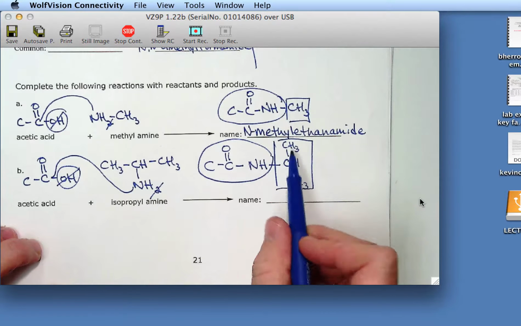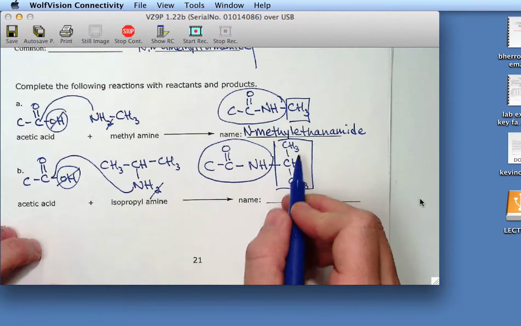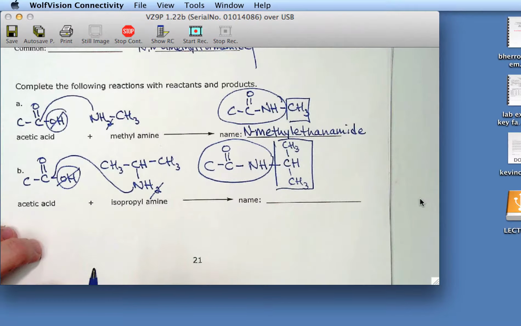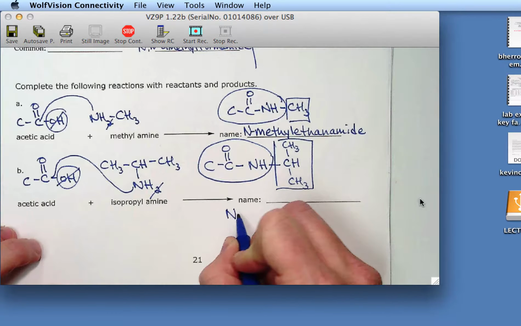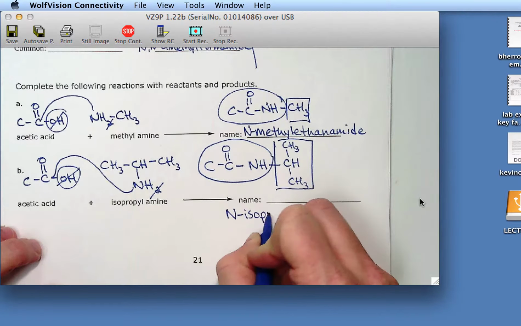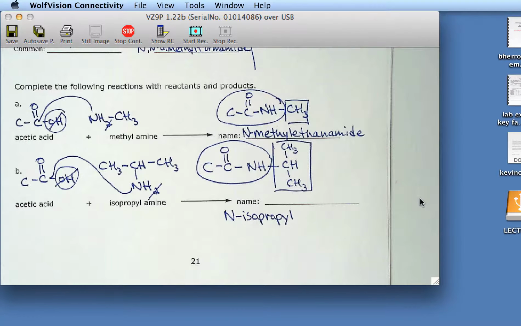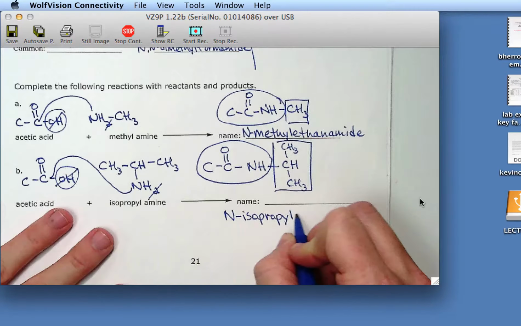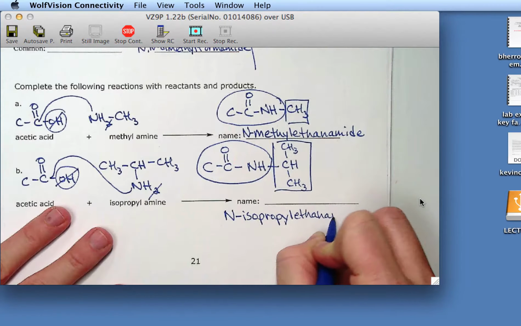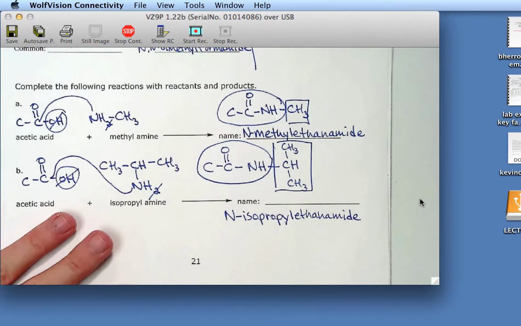Okay, so what alkyl group is that? Isopropyl. N-isopropyl. 2-carbon parent, that's going to be acetamide, ethanamide. You got it.